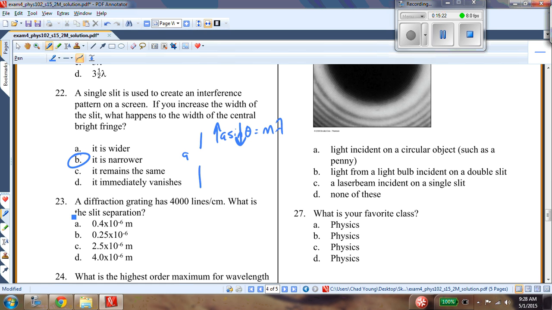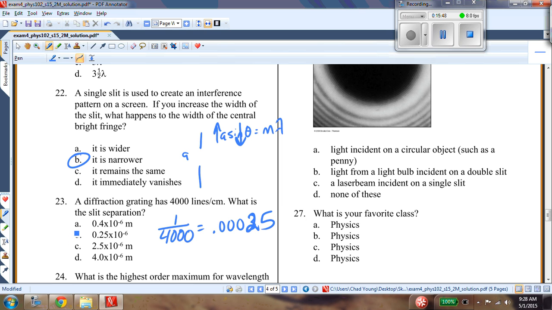Diffraction grating is 4,000 lines per centimeter. What is the slit separation? All right, so 4,000 lines per centimeter, that's going to be 1 over 4,000. That's equal to 0.0003. Wait, no, I'm sorry, 0.00025.